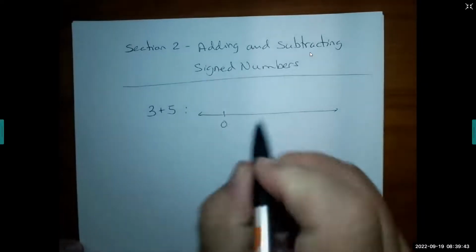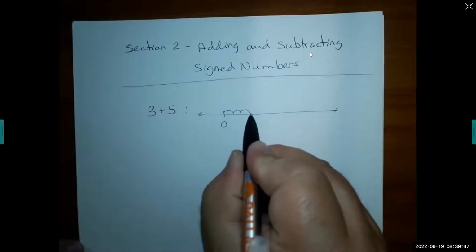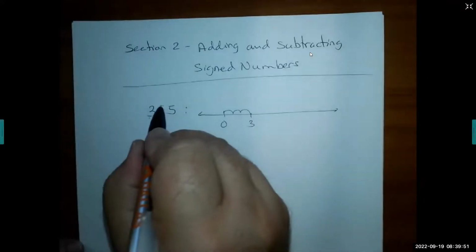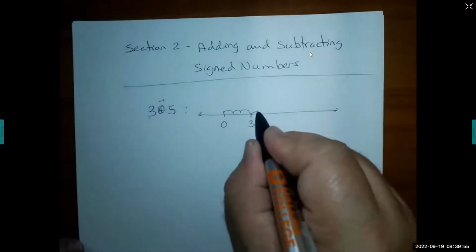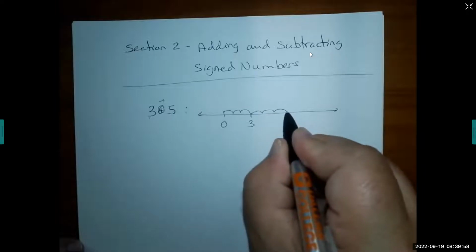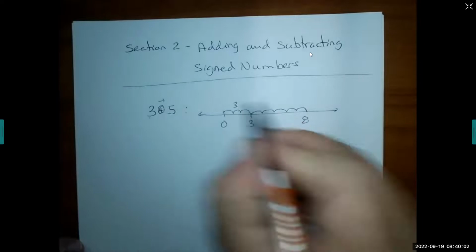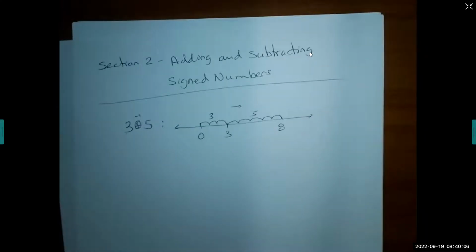You start with 0. So you go 3 to the right because it's positive. You keep on going to the right since it's positive, 5 more spaces. It's 4, 5, 6, 7, 8. There's 3 of these and there's 5 of these, and they're both going that direction.